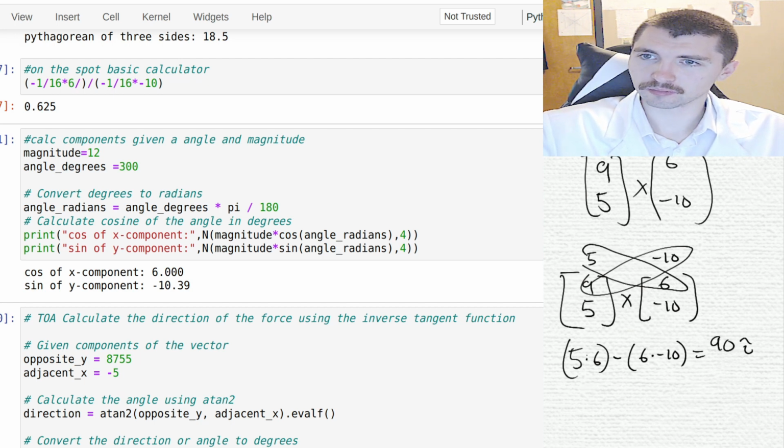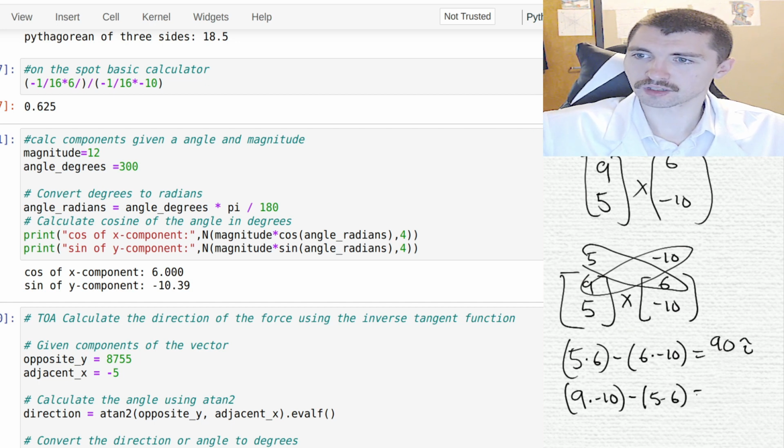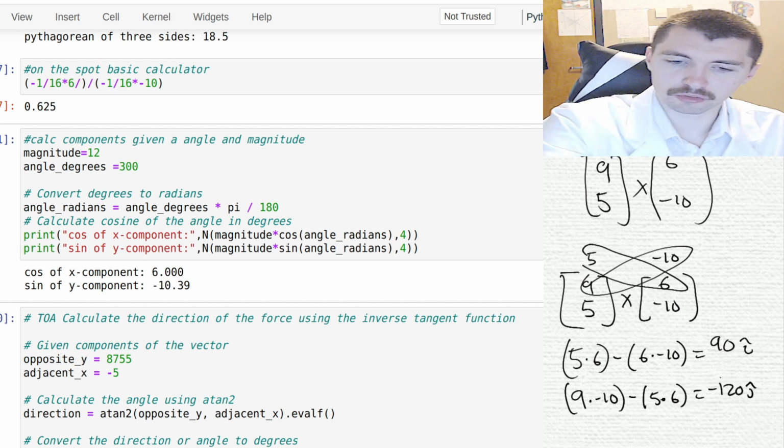Now we drop it down one more. So it's 9 times negative 10 minus 5 times 6. So that's negative 90 minus 30, negative 120J.